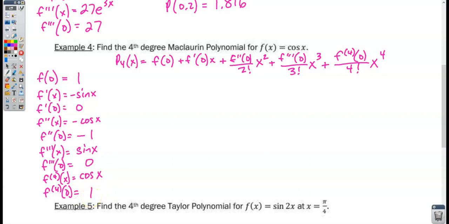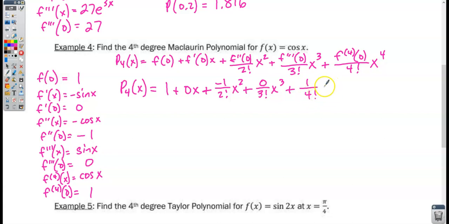And so now I can fill all these values in to find my 4th degree Maclaurin polynomial. It's going to be f of 0 plus f prime of 0 times x plus f double prime of 0 over 2 factorial times x squared plus f triple prime of 0 over 3 factorial times x cubed plus f quadruple prime of 0 over 4 factorial times x to the 4th.